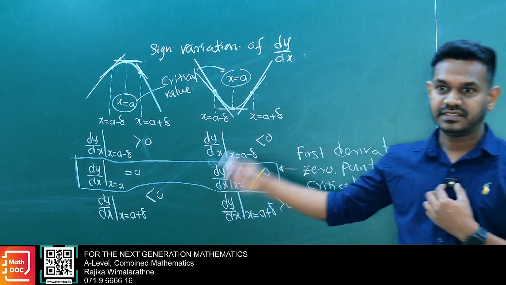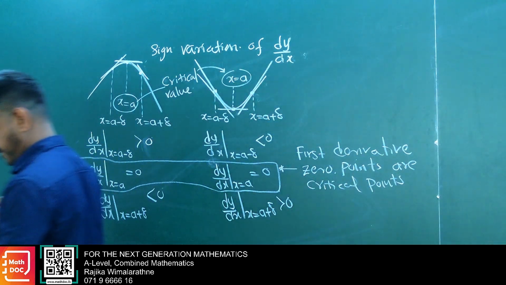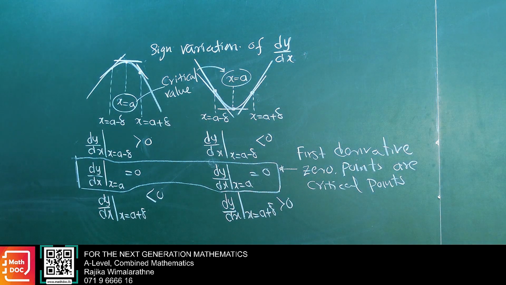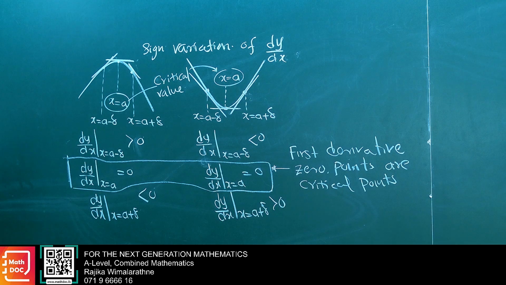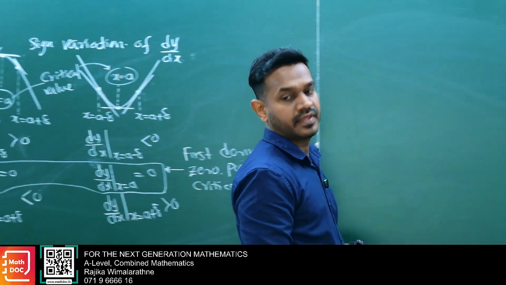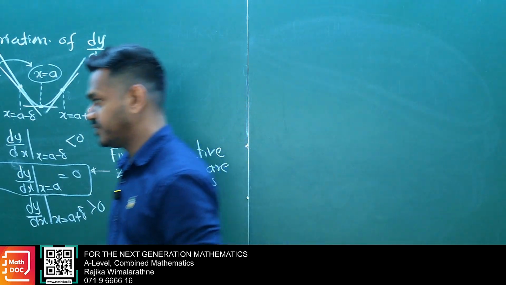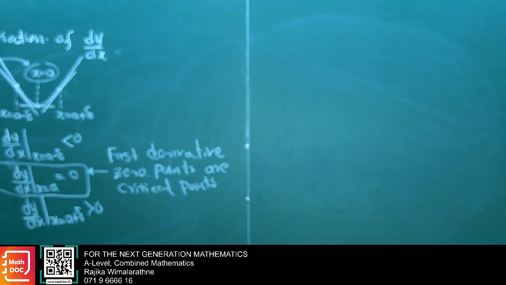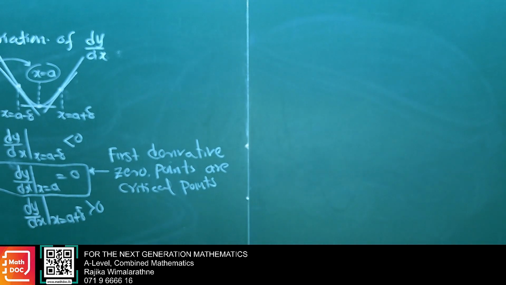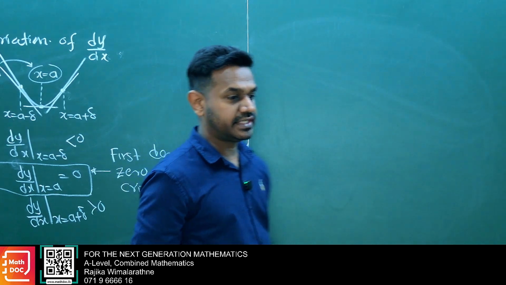That's how we analyze. Okay, then first derivative 0 position, critical point.